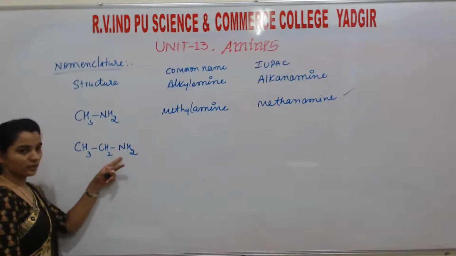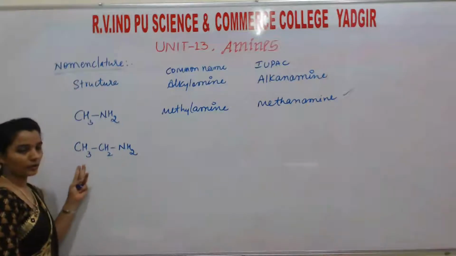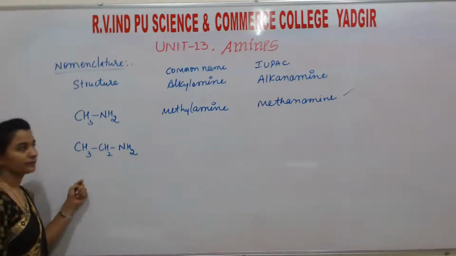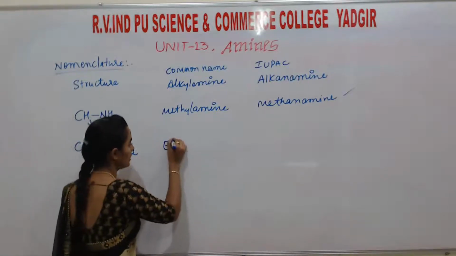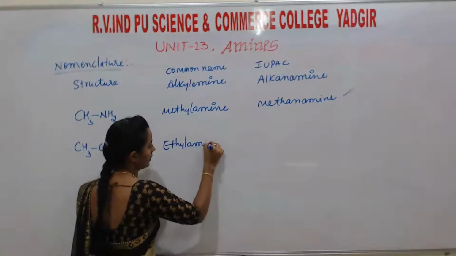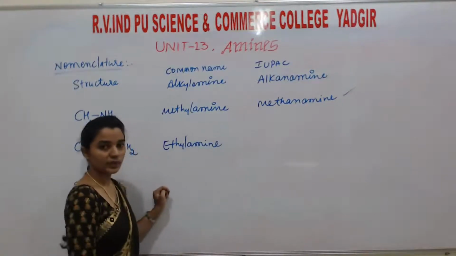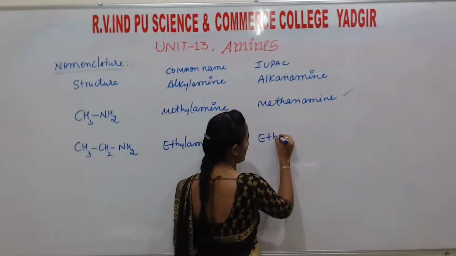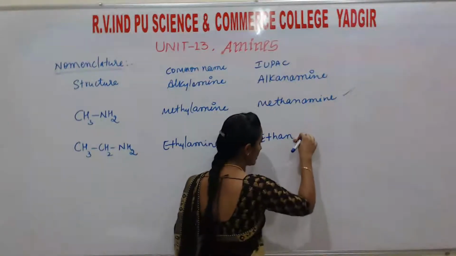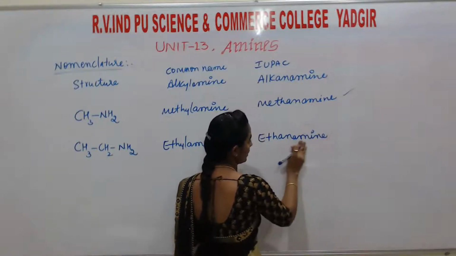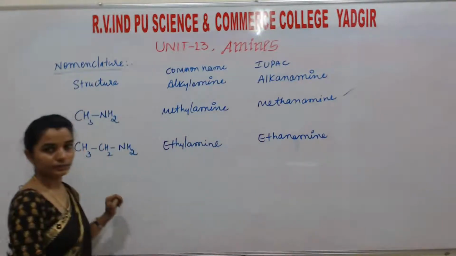Here, except the functional group, how many carbon atoms are there? 2. 2 means ethylamine. Correct? Then in the IUPAC name, this is ethane, the last E is replaced by amine, that is ethanamine.